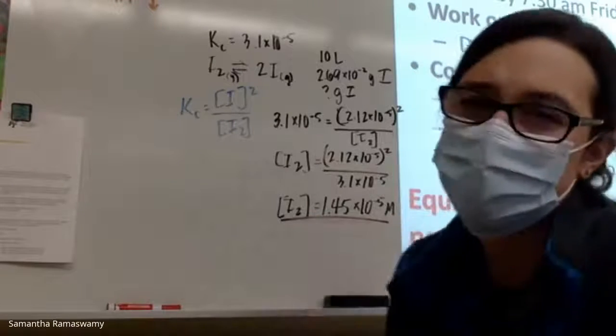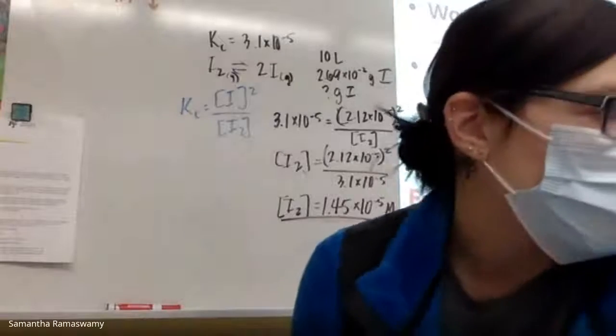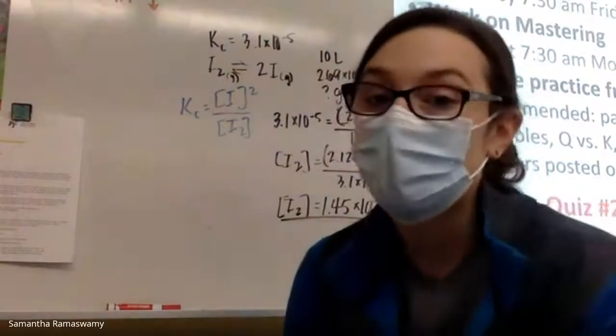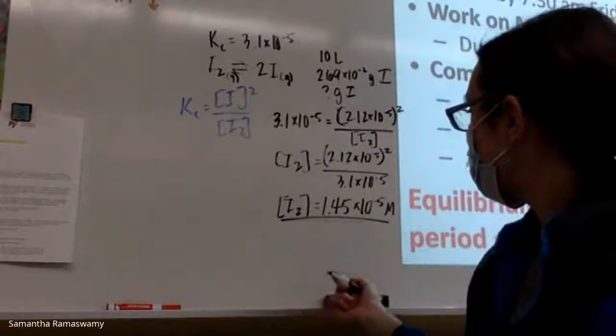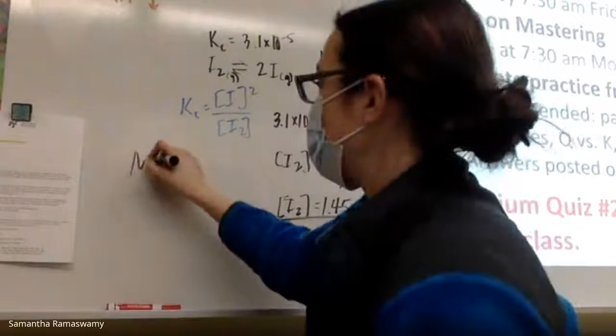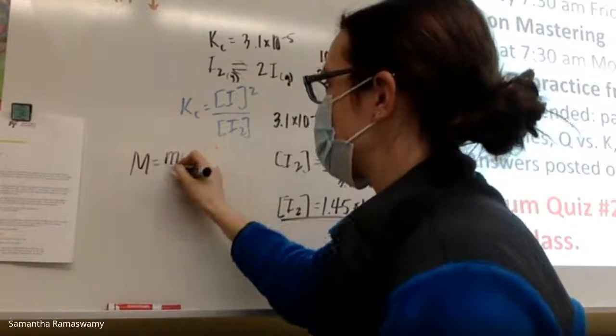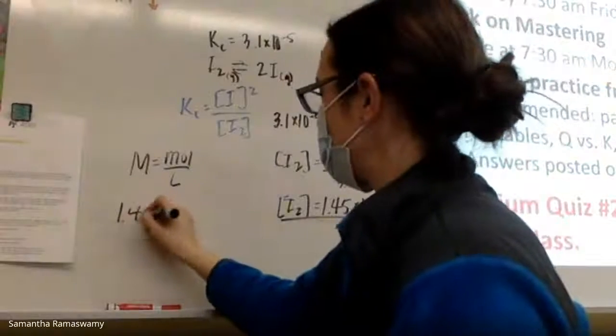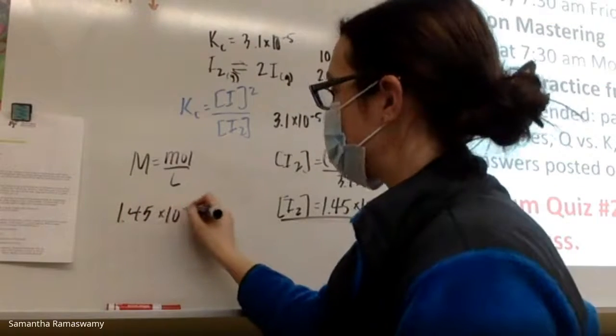Now there's my concentration. But if you read the question on Mastering, it says how many grams. So now we have to go back out to grams of I2. So remember that molarity is moles over liters. Here's our molarity, 1.45 times 10 to the negative fifth.